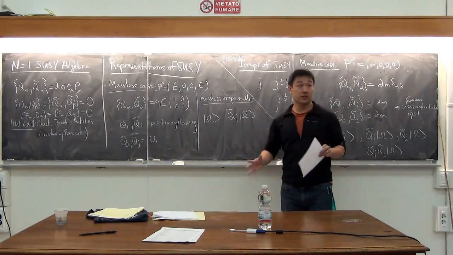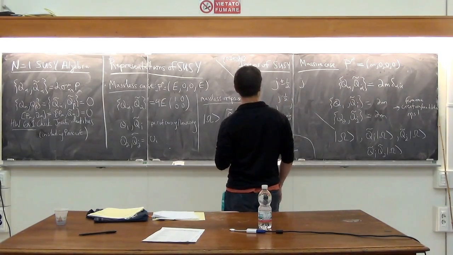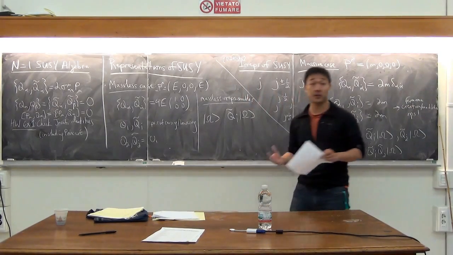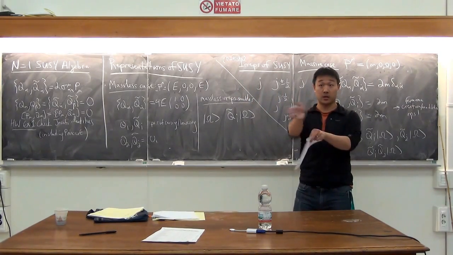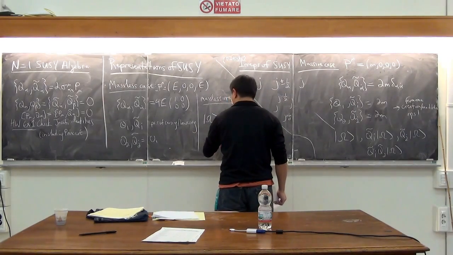So the massless irreps are described by, well, we don't get to talk about spin anymore. We only get to talk about helicity. So the massless irreps are described by helicity J and J plus a half.